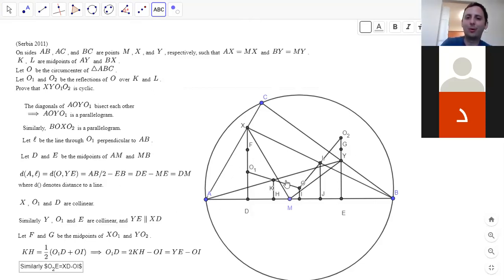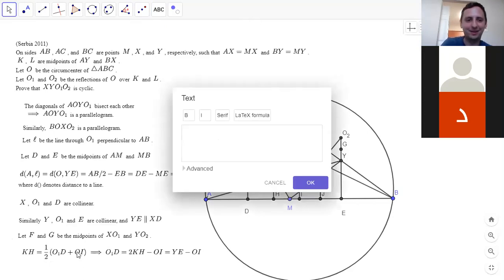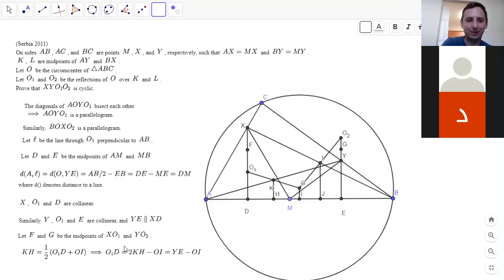So O1Y is AO is BO. Ah, I like it. I made it more complicated than it had to be. That's pretty nice.